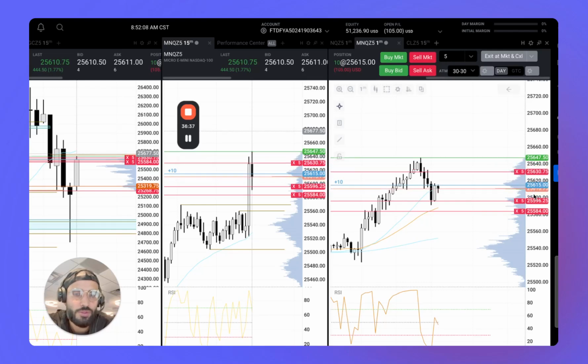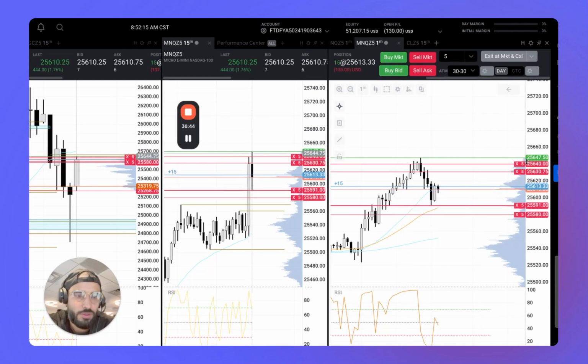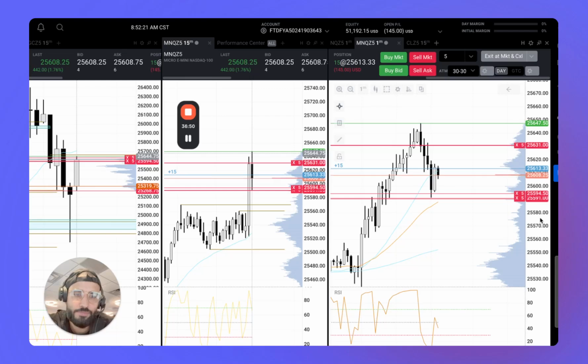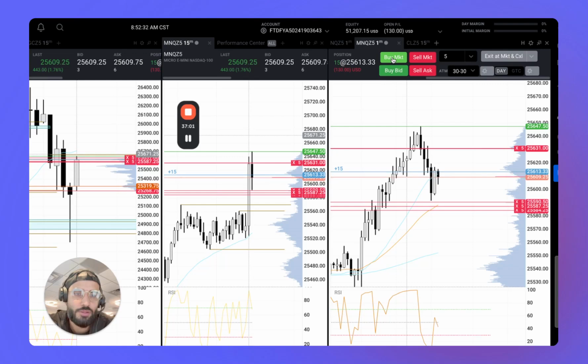Very, very sharp turn above the discount area. So if we lose this, we'll basically go home. If it pushes bullish, I'll add on.